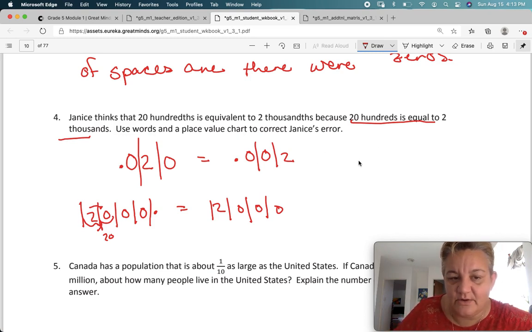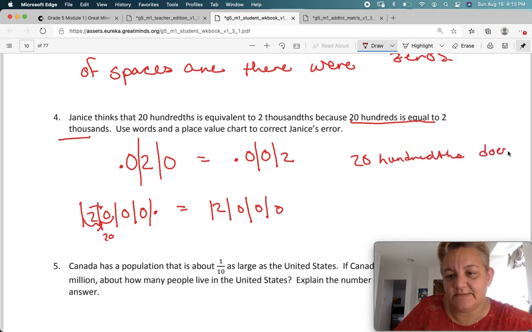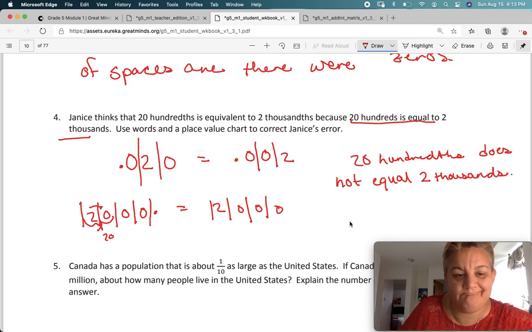Okay, so 20 hundredths does not equal 2 thousandths. Right? It just doesn't. Yep.